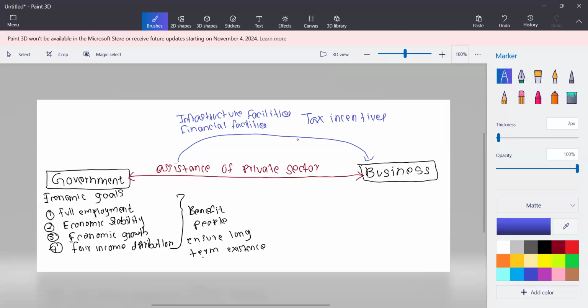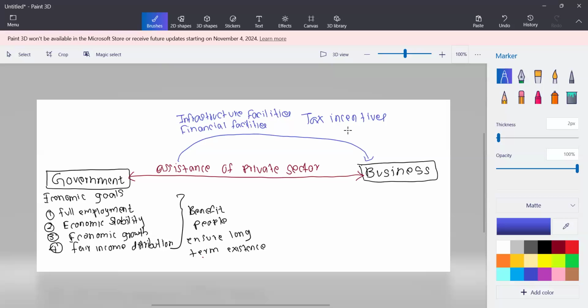So now these private sector businesses are getting benefits from the government, right? In order to get their assistance, the government is giving these benefits. Now the private sector will be like, oh my god, government is really good. They get motivated. Government is giving me this benefit, that benefit, and they get motivated, right?